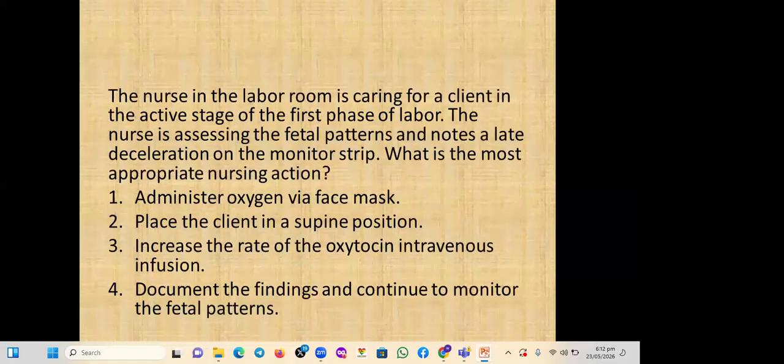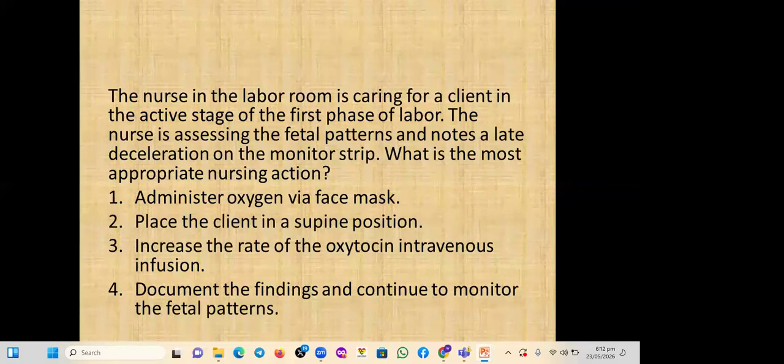The nurse in the labor room is caring for a client in the active stage of the first phase of labor. The nurse is assessing the fetal pattern and notes a late deceleration on the monitor strip.